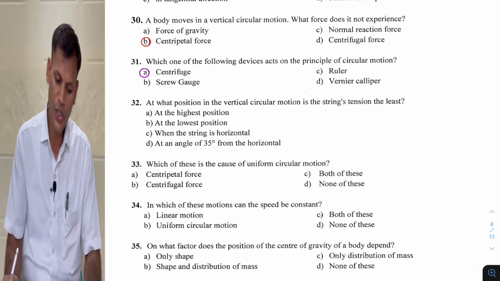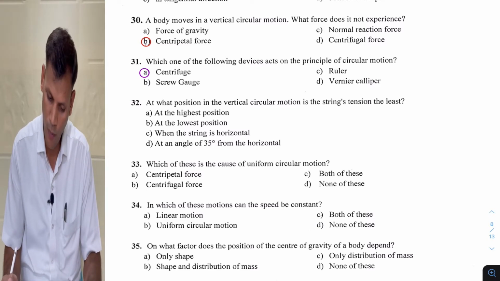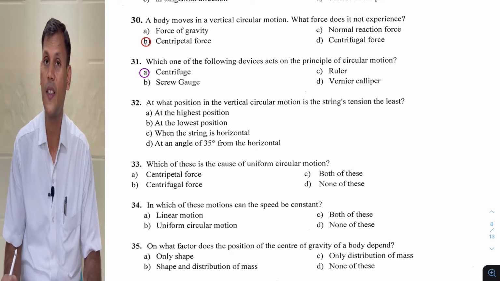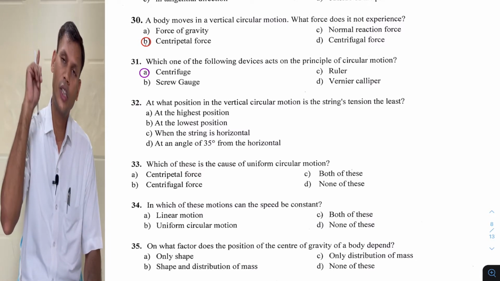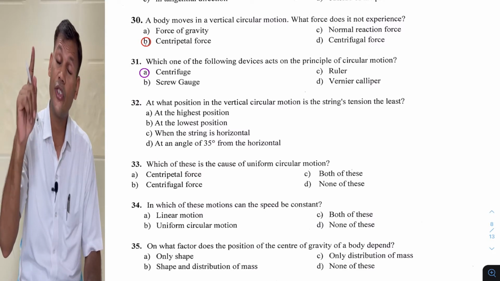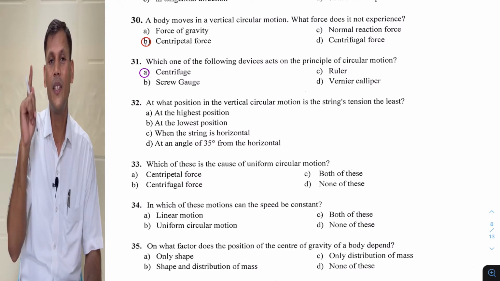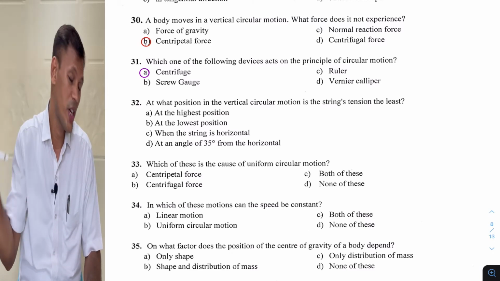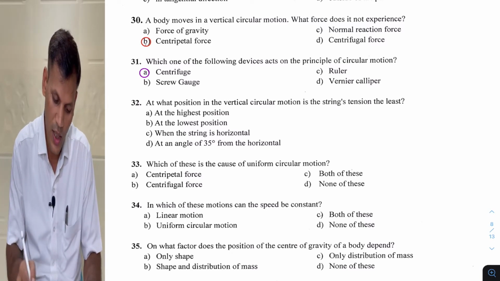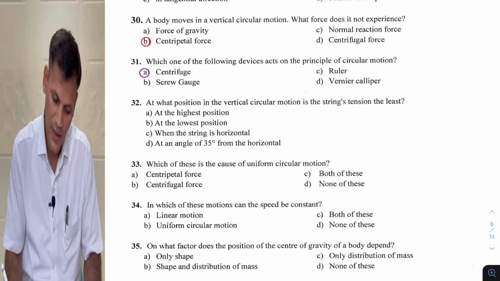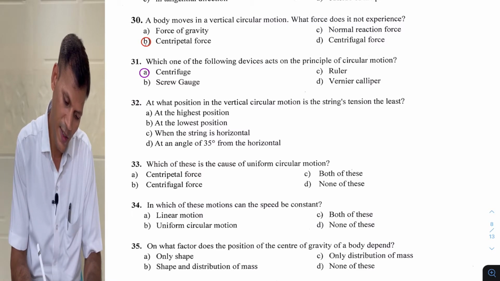At what position in the vertical circular motion is the string's tension the least? When it is at the topmost position, then tension in the string is least, and sometimes it will be 0 when it will just complete the vertical circular motion. So where is it the least? At the highest position.